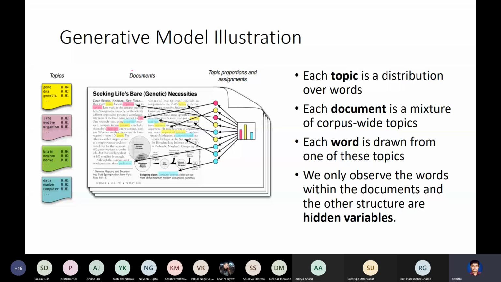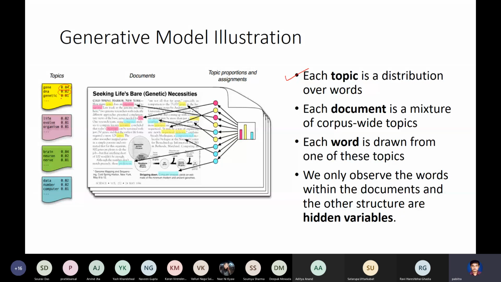How is a topic generated? A topic is generated by giving some probabilities to every word in the dictionary. So gene is given a probability 0.04, DNA is given a probability 0.02. This way, you give different probabilities to every word, and you get a topic.